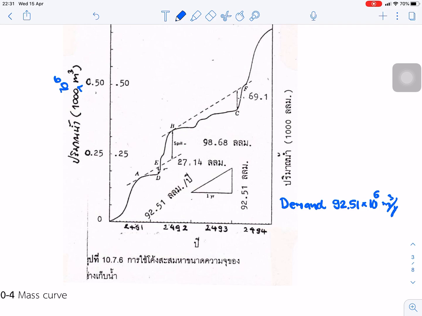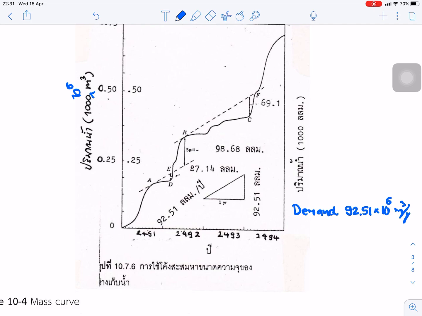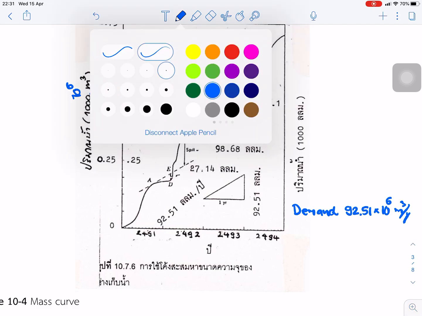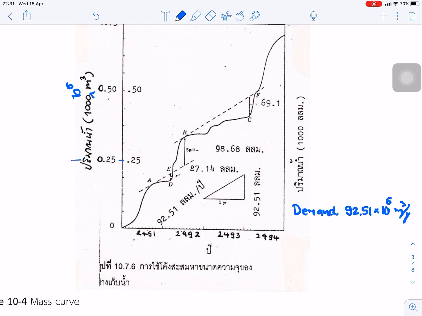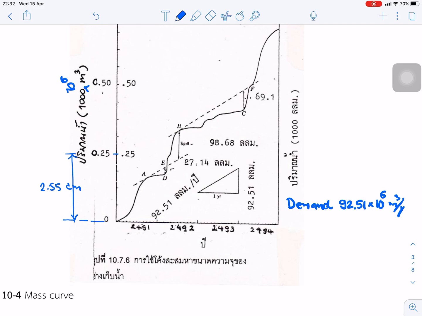So we have to compare with the scale, and we measure this length. We just directly measure from the graph, and for example we got 2.55 centimeters. Okay, so 2.55 centimeters is equivalent to 250 million. Okay, this one is 250 million.